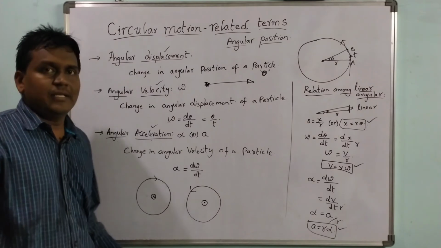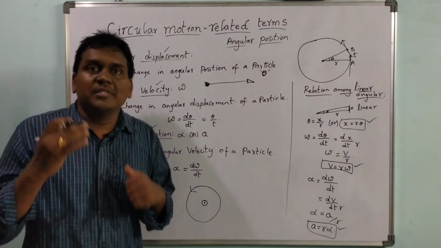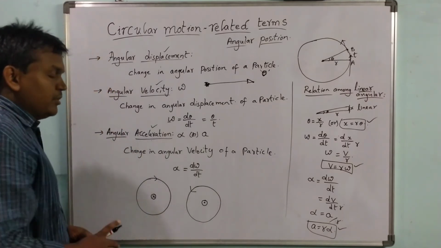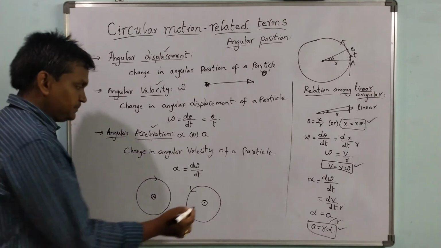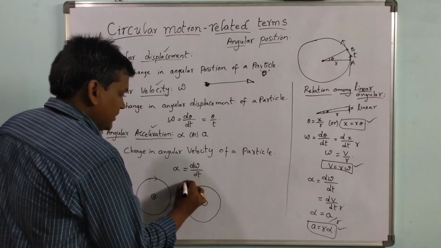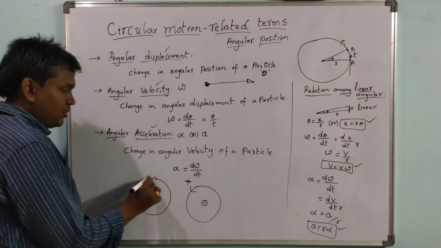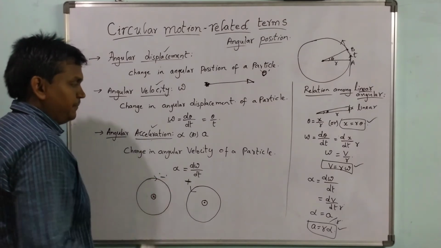Like this we can consider the directions, and the directions also have a sign, positive or negative. If the direction is anti-clockwise, we consider a positive sign, and if the direction is clockwise, we consider a negative sign.